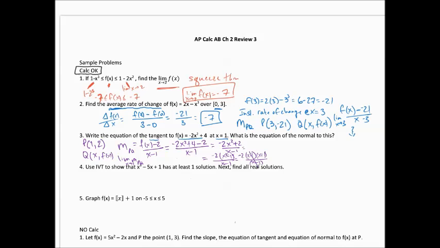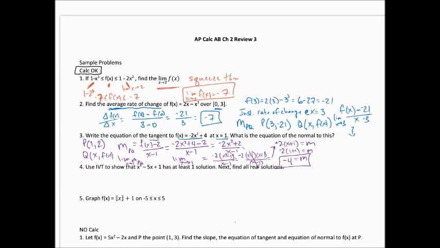So the x minus 1's reduce out, and I'm left with negative 2 times x plus 1, which is my slope at the point x equals 1, because I'm taking the limit of this again as x goes to 1. So the limit of this ends up being negative 2 times 1 plus 1, which is my slope, and my slope is going to be 2 times negative 2, which is negative 4. That is the slope of this tangent.